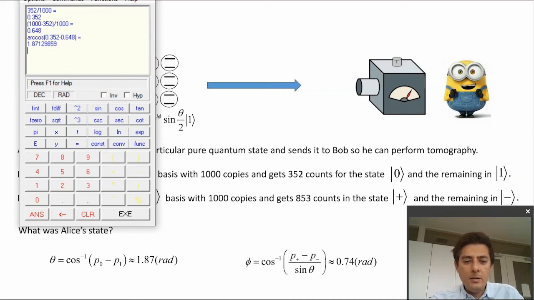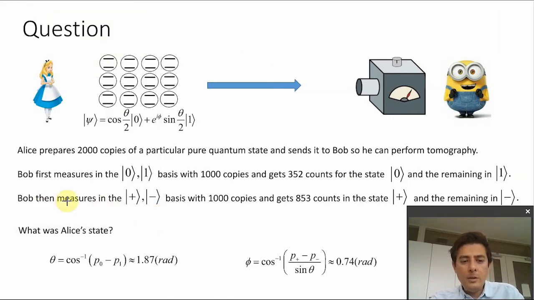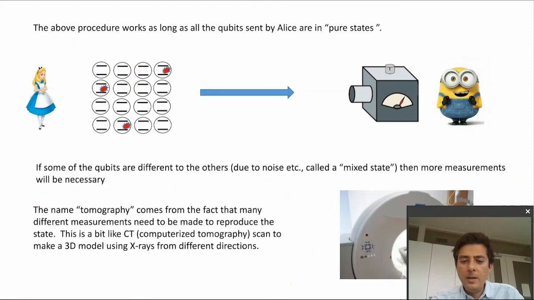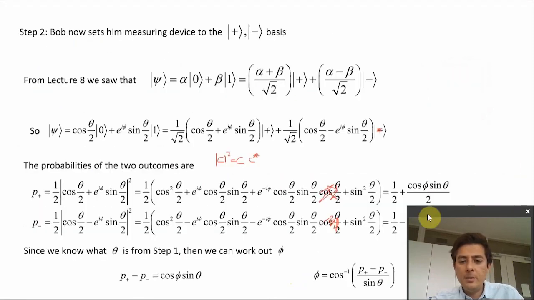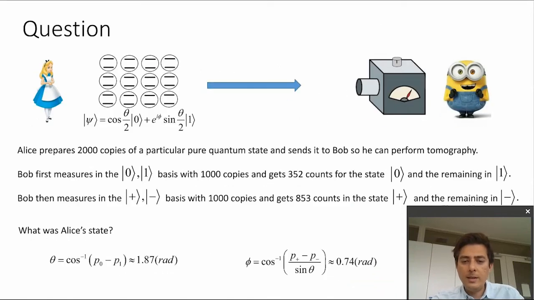Okay, and now Bob measures in the plus minus basis, and with the remaining 1,000 copies, remember it's all still the same state, he gets 853 counts in the state plus and the remaining in minus. Okay, so from our formula a couple of slides ago, our formula for phi is equal to this guy here, the inverse cos of p plus minus p minus divided by sine theta, which we already worked out.